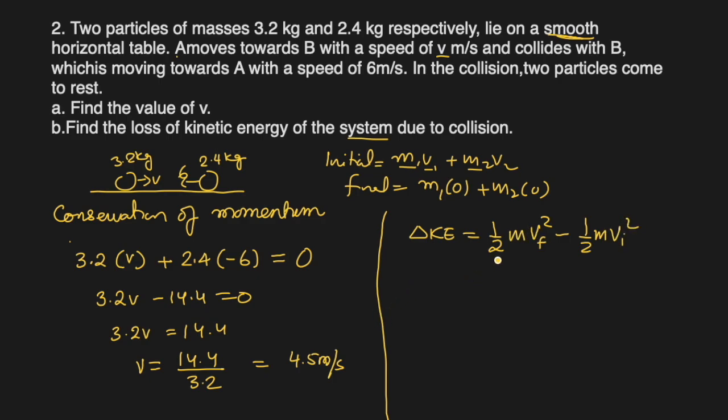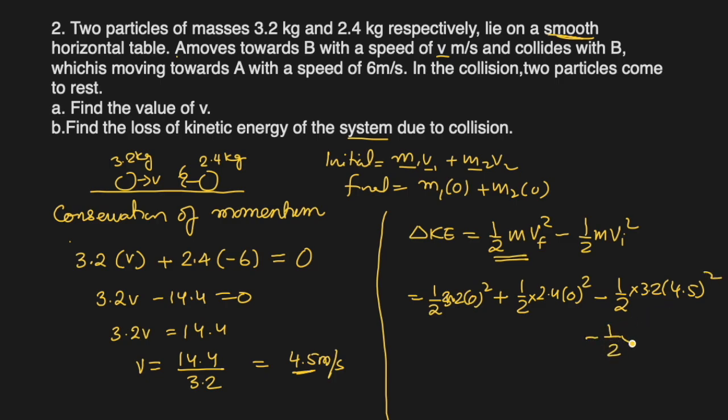Okay, we'll find the final kinetic energy for both. So let's find final kinetic energy for both, which is half times 3.2 times 0 square for the first one, half times 2.4 times 0 square for the second one, and then we'll subtract the initial ones, half times 3.2 and the initial velocity v for the first one is 4.5 square, and we'll subtract the second one also, half times 2.4 times 6 square.